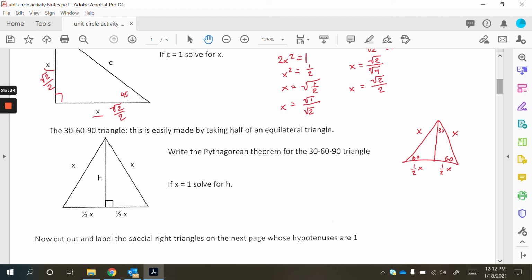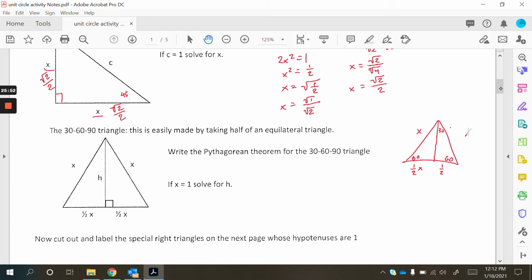Now x, because we're dealing with the unit circle, we want it to be a 1. So if x is a 1, half of 1 is just going to be half. All right, so let's see.